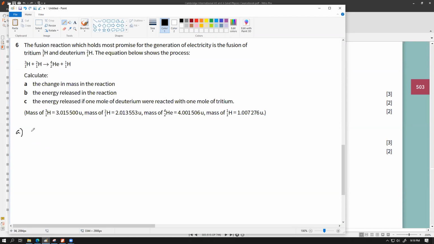The change in mass, delta m, equals total mass of the reactants minus the total mass of the products. Do you know what the right side is called? Products, isn't it? Yes sir, it's products. Since it says change in mass, it would have been better if I did it the other way around, writing products first and reactants after. But I might as well give a modulus sign over here because I'm trying to find out how much change is happening.